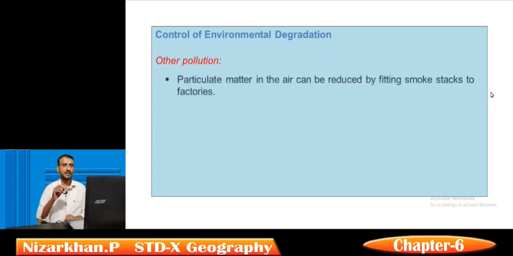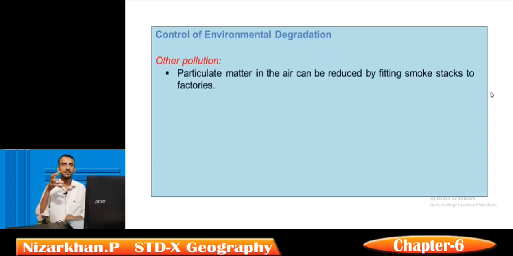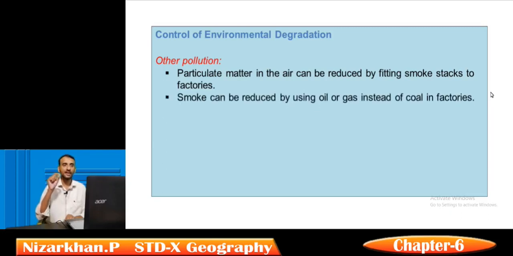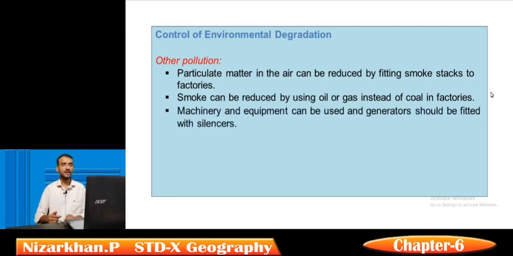Particulate matter in the air can be reduced by fitting smokestacks to factories, instead of emitting directly into the air. Smoke can be reduced by using oil or gas instead of coal in factories. Machinery and equipment can be improved, and generators should be fitted with silencers.